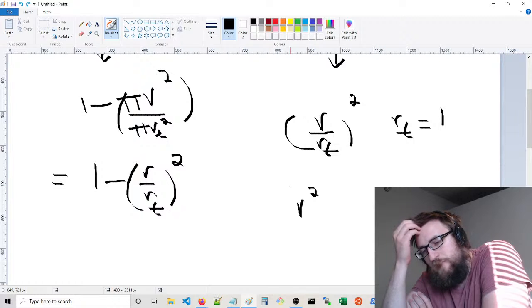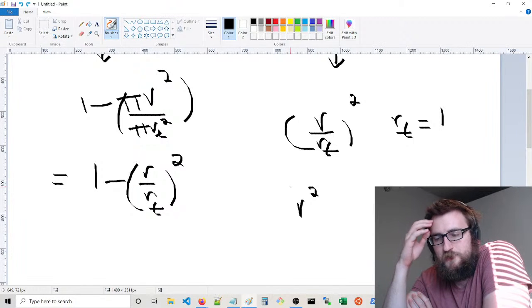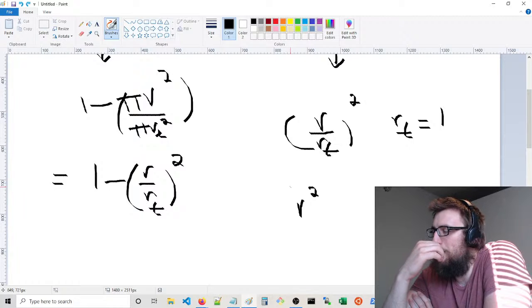So the probability that a random point will have a particular radius increases with the square of the radius. It's proportional to the square of the radius.